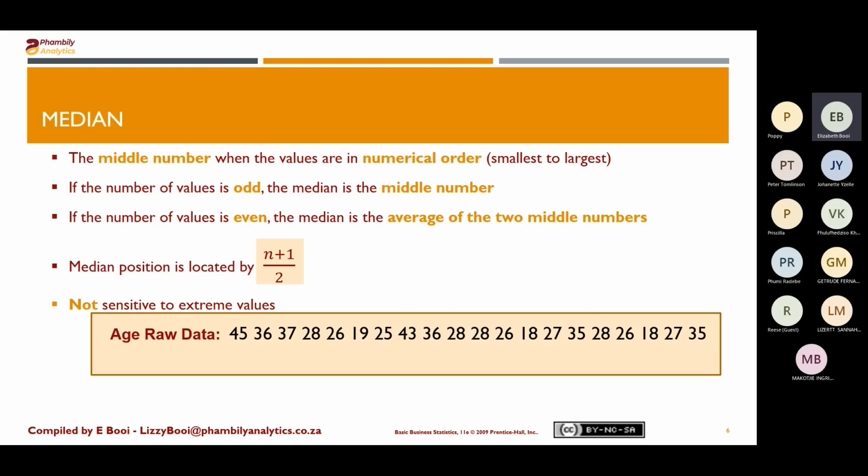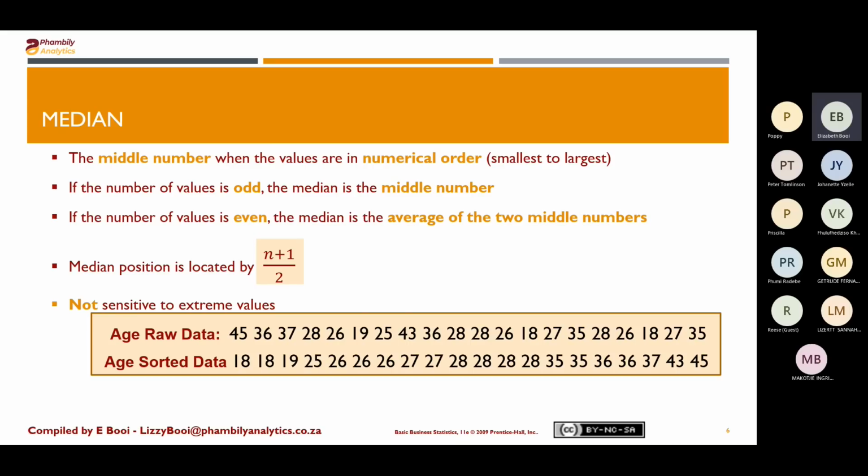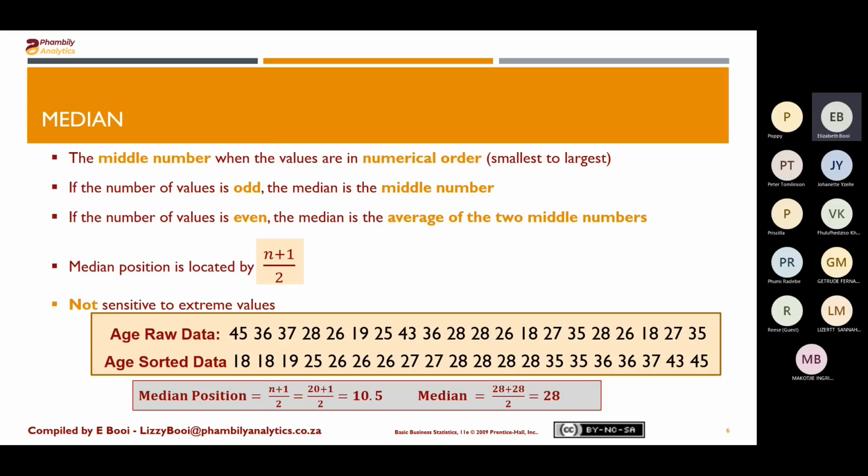So let's find the median of this data set. First we need to order the data from lowest to highest. Once we have ordered the data, we need to calculate the median position. How many data points do we have? We have 20 of them. So 20 plus 1 divided by 2 gives us 10.5.